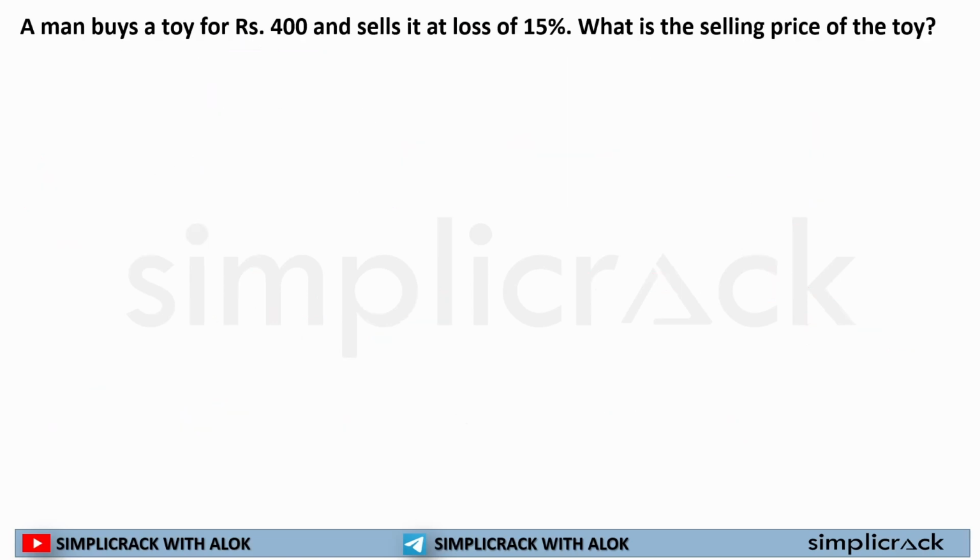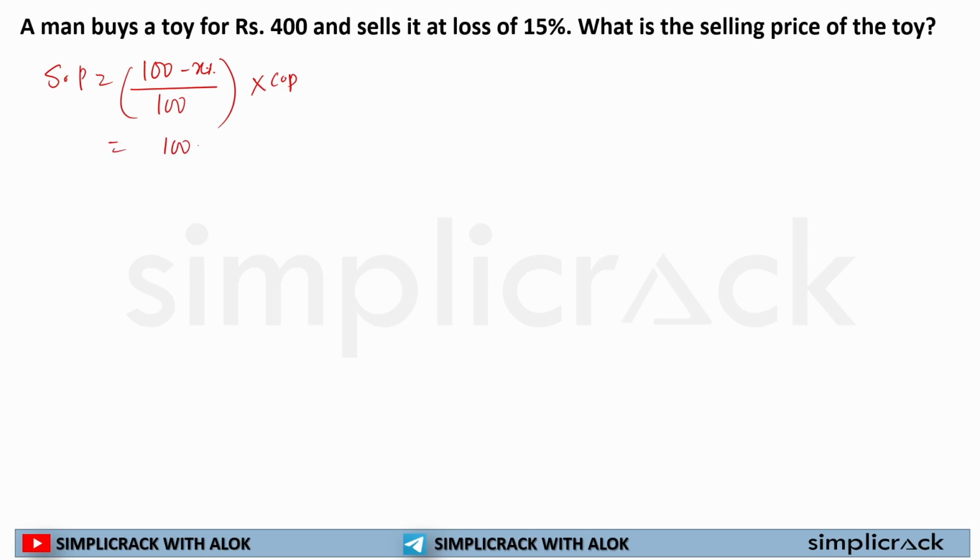Now, next question. A man buys a toy for 400, sells it at a loss of 15%. What is the selling price? I have already told you. Selling price is equal to 100 minus X percentage divided by 100 multiplied by cost price.